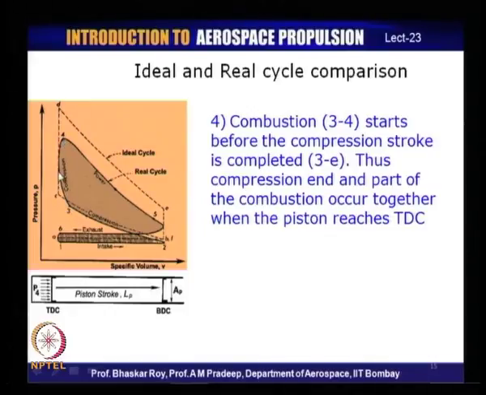As you can see, quite often due to incomplete combustion, or due to the fact that the movement of the piston has somehow come in the way, the combustion never quite reaches the point D. Somehow or other it finishes somewhere around 4, and then the process of expansion, or the power stroke, starts.